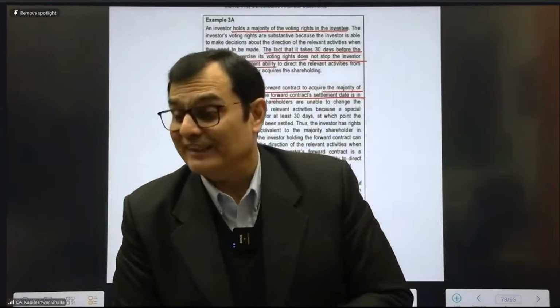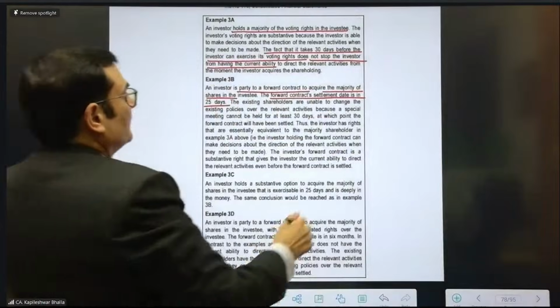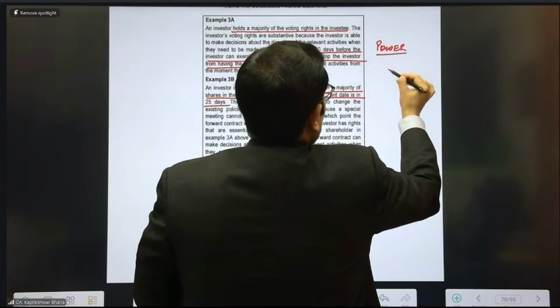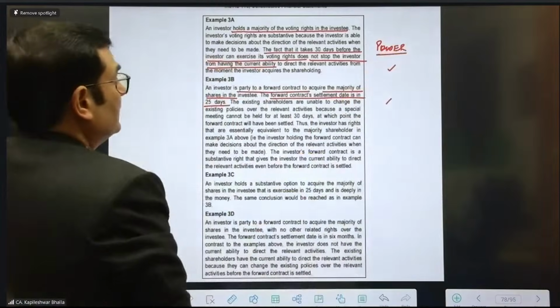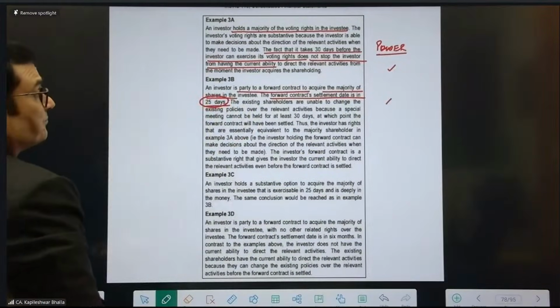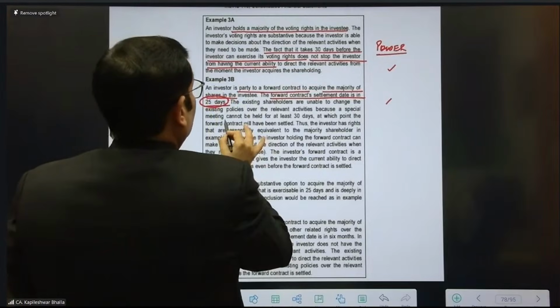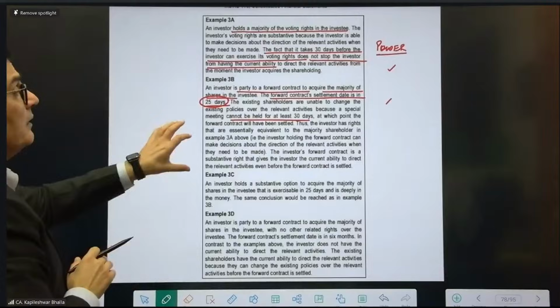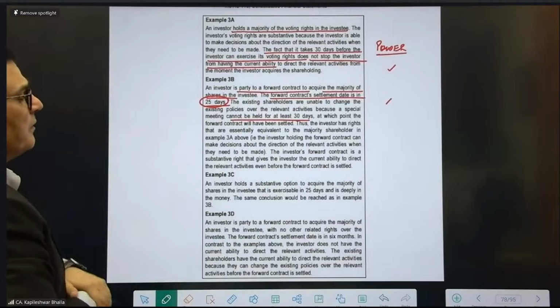The meeting is in the next 30 days. That's right, so even in this case, we get power, because the settlement is within the next 25 days, before the meeting. The meeting cannot be held for at least 30 days. Therefore, since the settlement will be done much in advance, you get power.